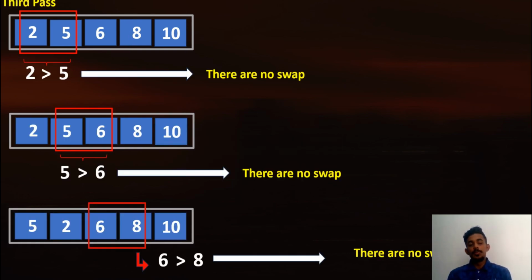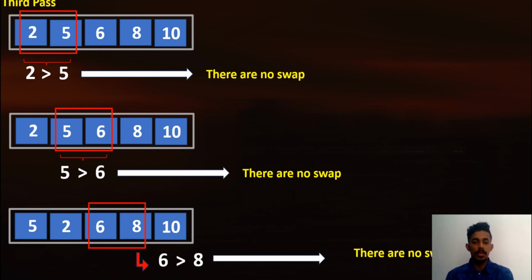After that we move on to the third pass. In the third pass we mainly check each pair of elements, and there aren't any swaps. At that time the array has come into sorted order. So I'm not going to explain this in detail.